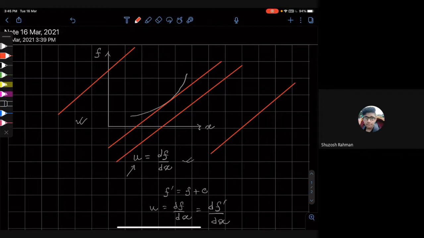Now you don't know where this point is. You just know the slope and the intercept. You know where it intercepts the y-axis, or in this case, I'm calling it the f-axis. But you don't know where this line is actually making contact with the original function, because you don't know what the original function is, right? Is that clear?